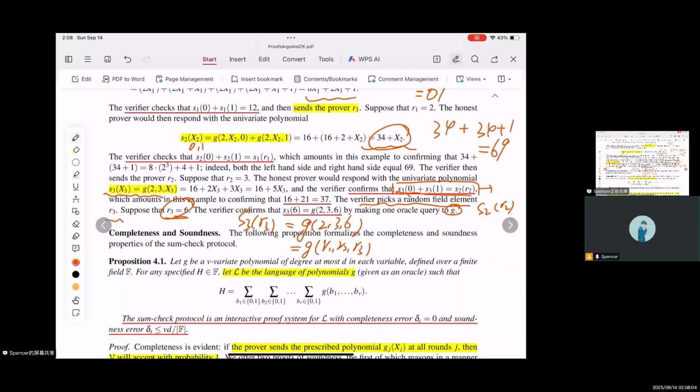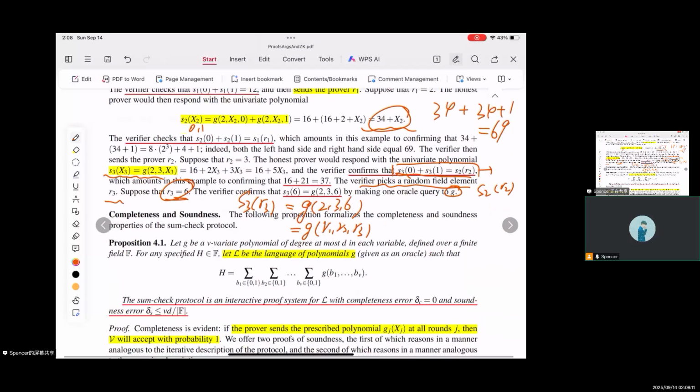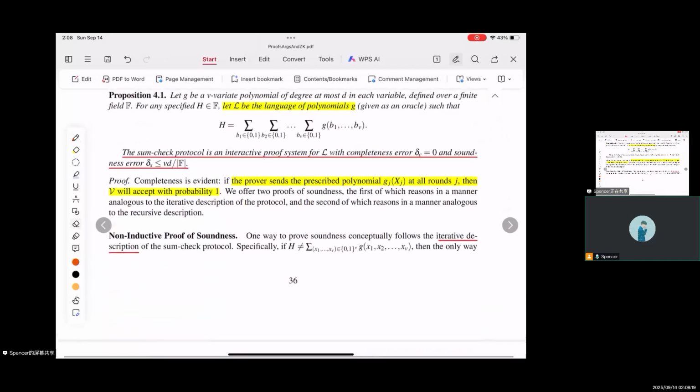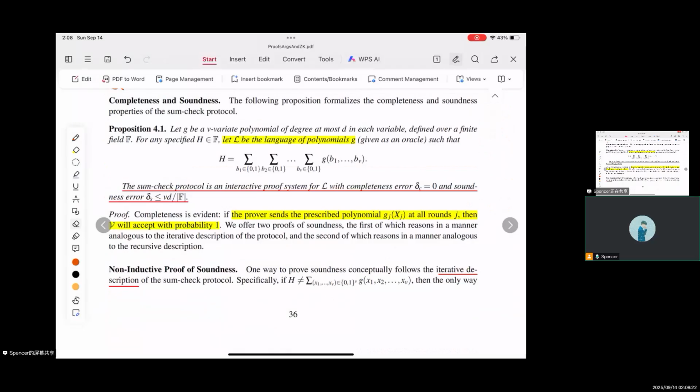This just follows our description of the sum-check protocol, so it should hold. This is the step and the example of the protocol.